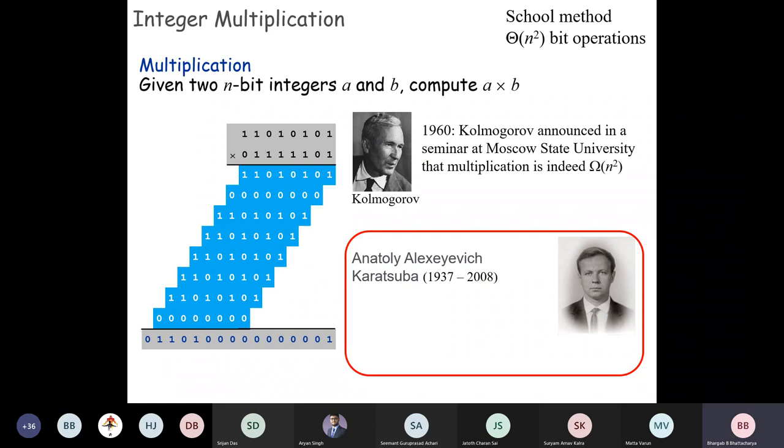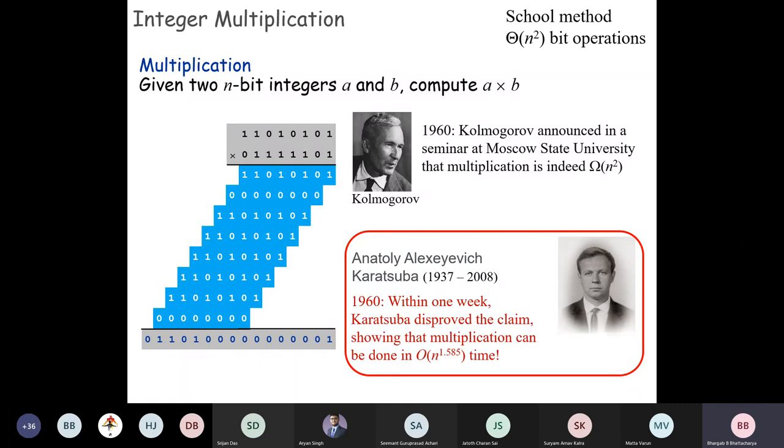During that time, no one had the courage to challenge Kolmogorov. He was a legendary mathematician. But this young gentleman, only 23 years old, after 1 week disproved the claim, showing that multiplication can be done in n to the power 1.585 time. This is amazing, isn't it?